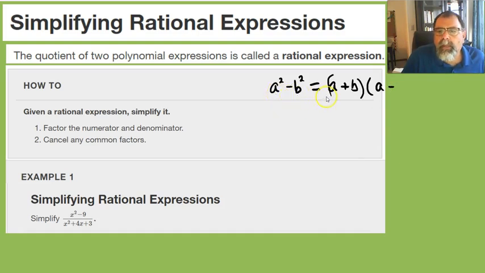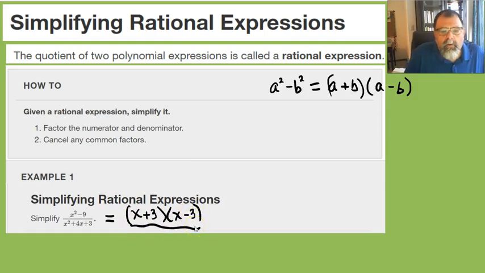So this will be A, this will be B, and then it'll be A plus B, A minus B. Okay, so the top will be x plus 3, x minus 3.